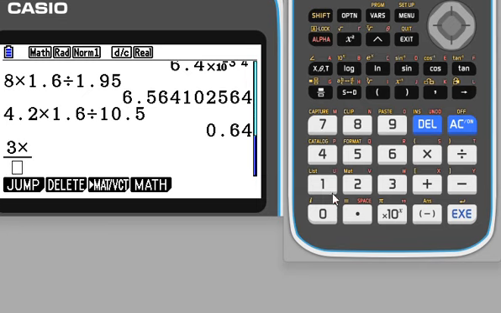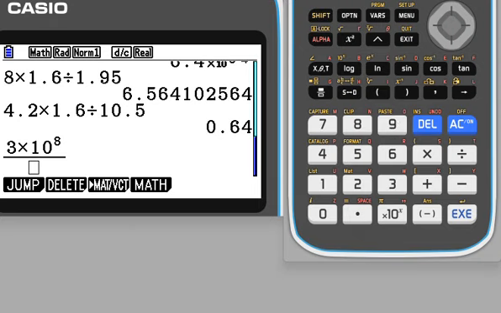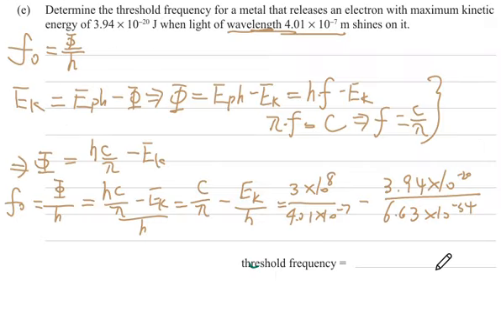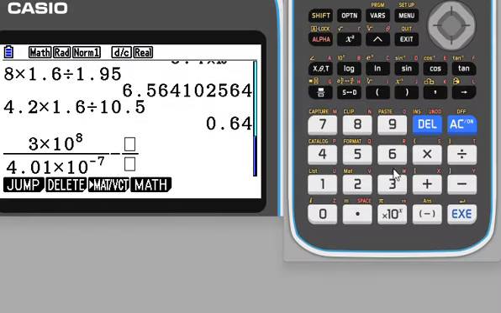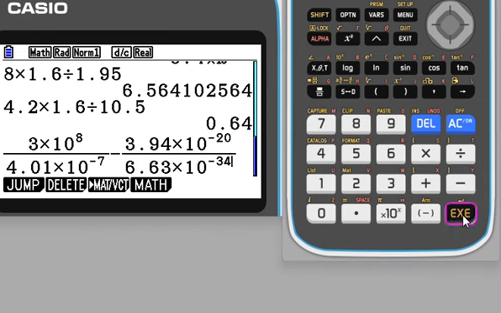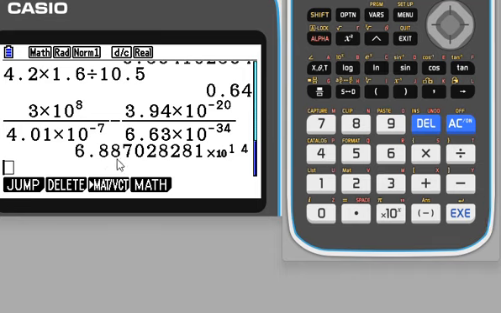We have 3 times 10 to the power of 8 over 4.01 times 10 to the power of -7, minus 3.94 times 10 to the power of -20, over 6.63 times 10 to the power of -34.